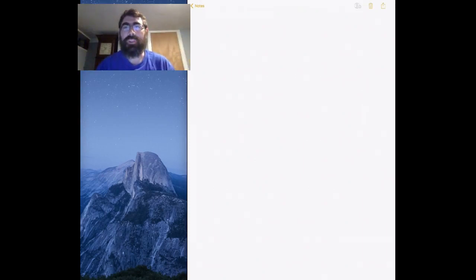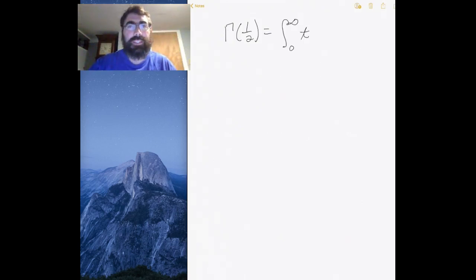So where I left off in our last lecture was I said I wanted to calculate what the gamma function would be for 1/2. So in that case, it would just be the integral of t to the 1/2 minus 1 times e to the minus t dt. Now, in previous lectures, I used x as the variable in the integral.